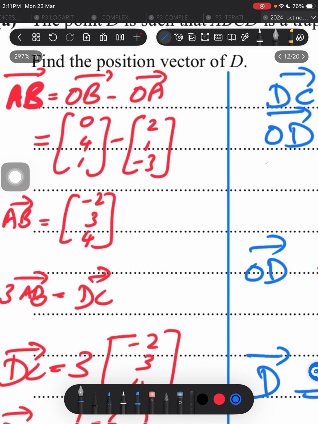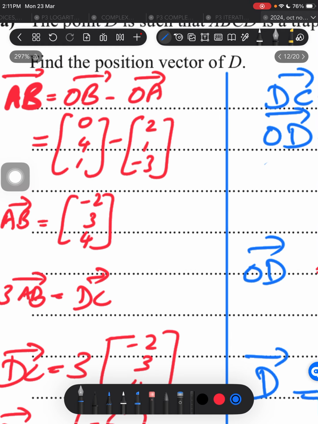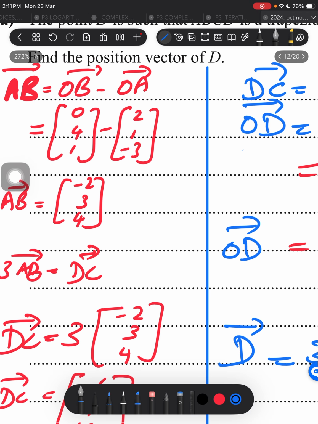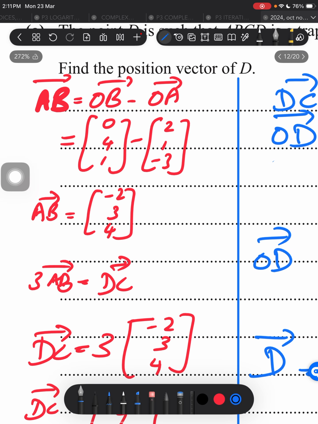AB was already known by the value that we found earlier. It was -2, -3, and 4. Oh, that was AB, but we need to find BA. That means we can just take directly the opposites of these. Opposite means if we want to find BA, this would be positive, this would be negative and negative.